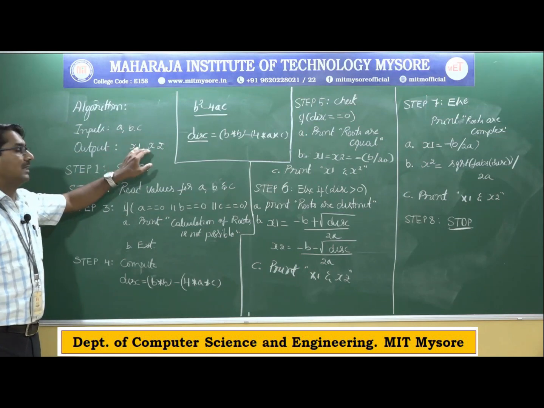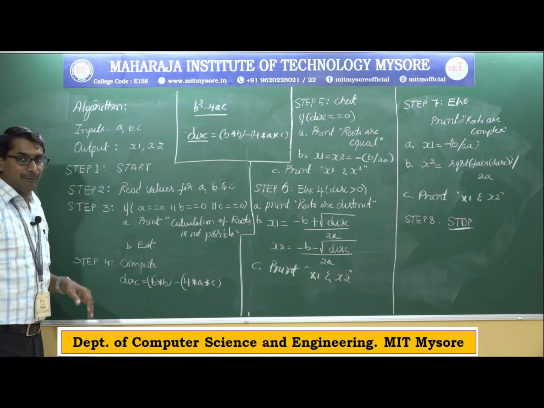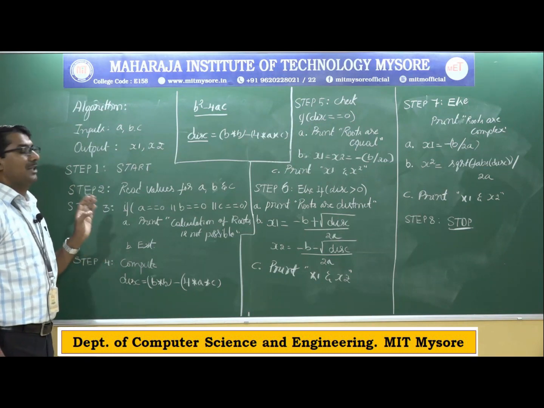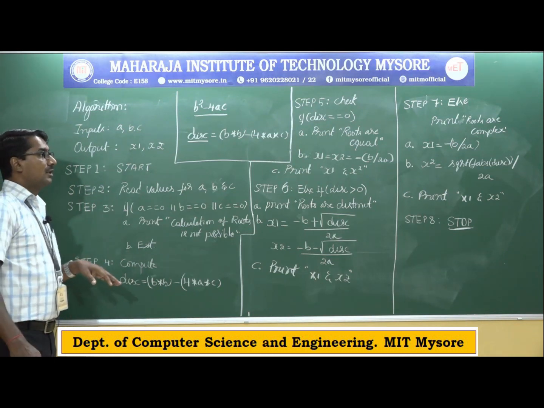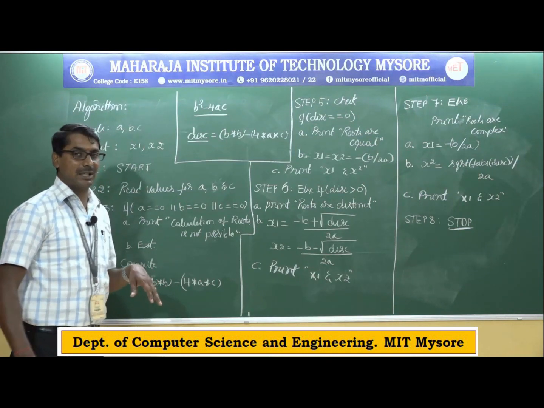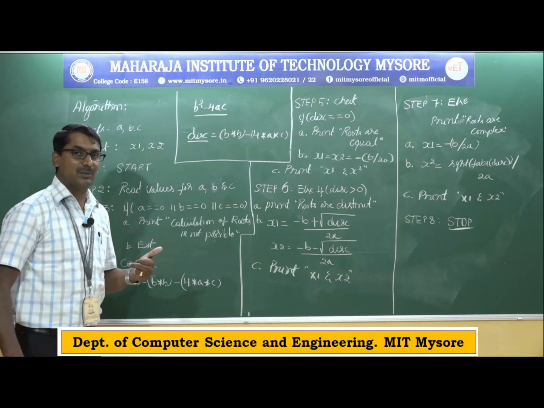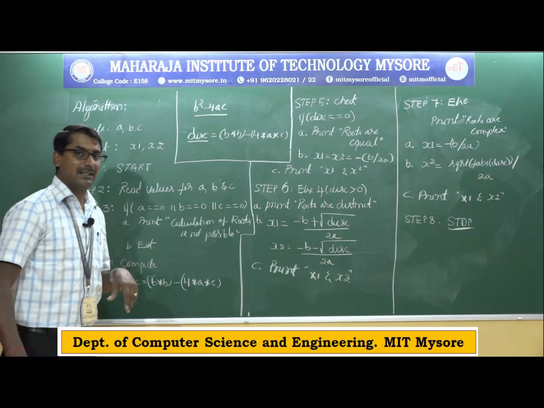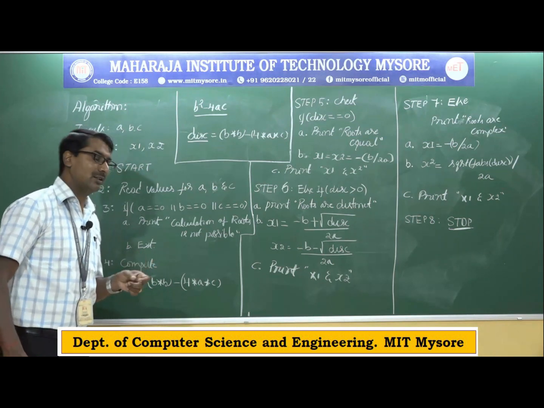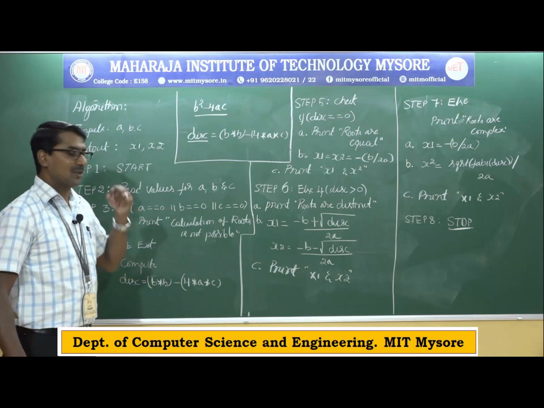The values of x1 and x2 depend upon the value of b square minus 4ac, which is the discriminant value. When calculating the x1 value and x2 value, we need to check three conditions. One condition is b square minus 4ac is equal to 0. Second condition, b square minus 4ac greater than 0, and the remaining condition, b square minus 4ac less than 0.